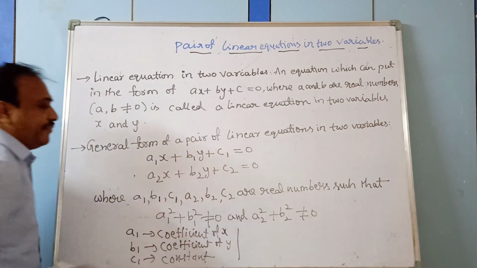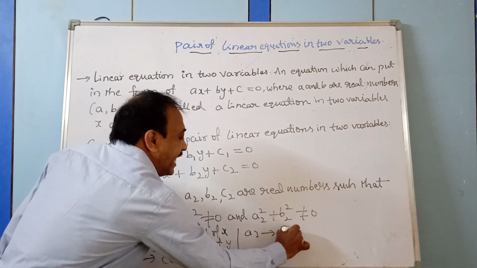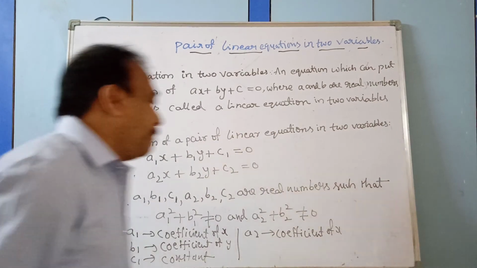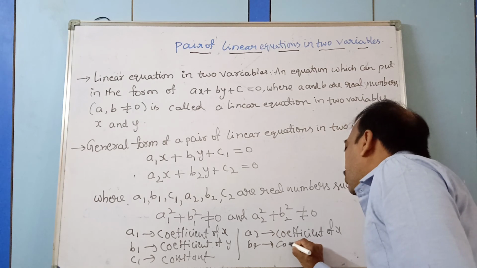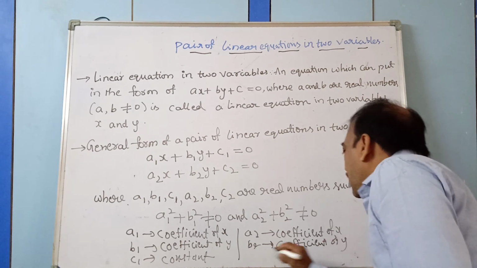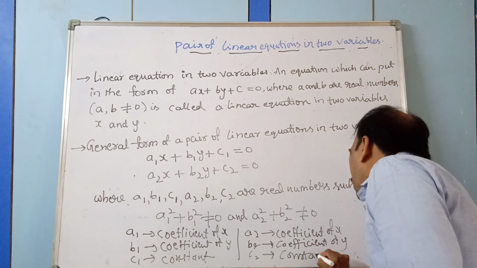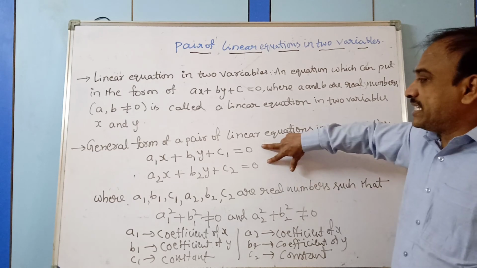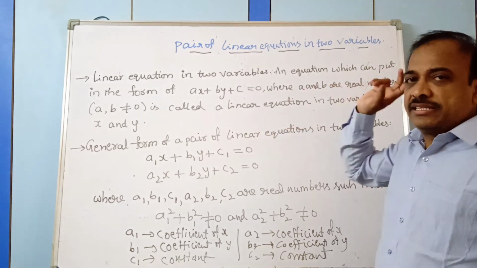Similarly, in the second equation, a2 is the coefficient of x, b2 is the coefficient of y, and c2 is the constant. What is c2? The constant term in the second equation. This is the standard form of a pair of linear equations in two variables.